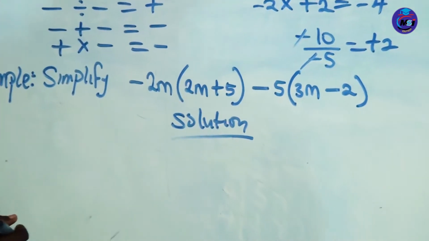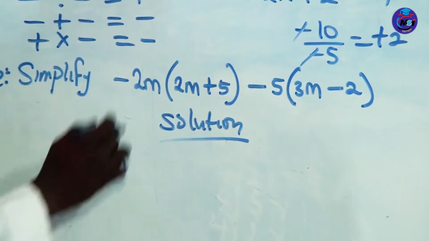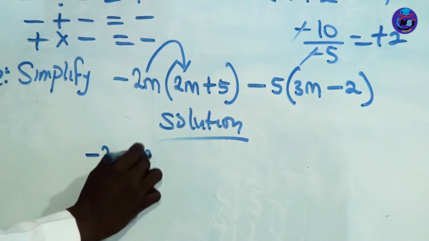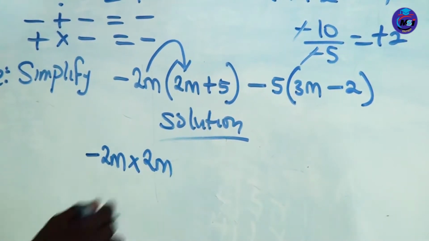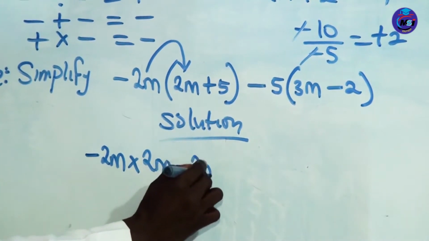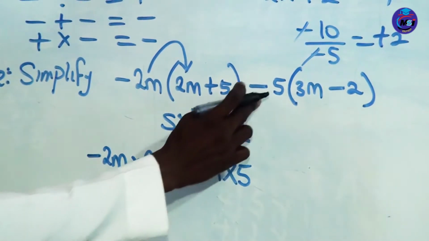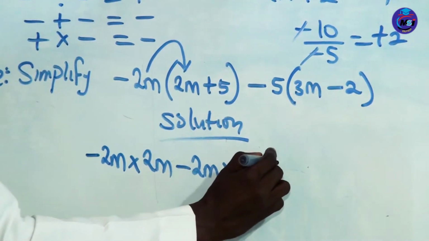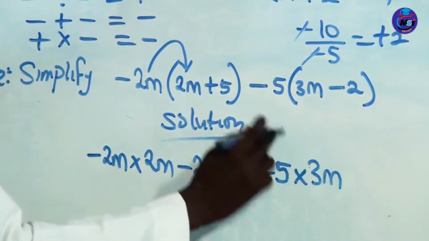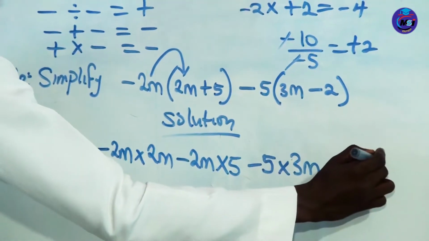We open the bracket: minus 2m times 2m. We have minus 2m here times 5. We have minus 5 here times 3m. We have minus 5 here times minus 2.